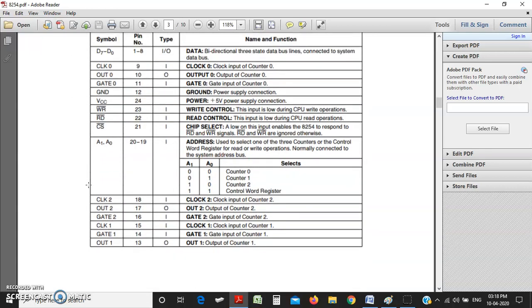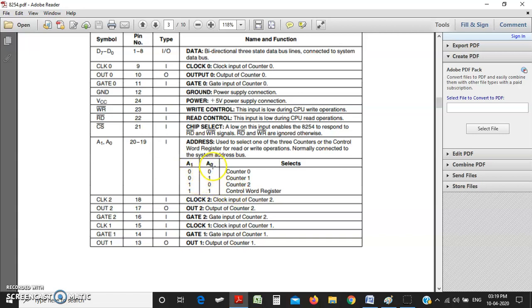So as we have discussed the brief introduction of all these pins, here we can see that the A0 and A1 pins will be connected to the address lines A0, A1 of the microprocessor, which will select the counters and the control word register.